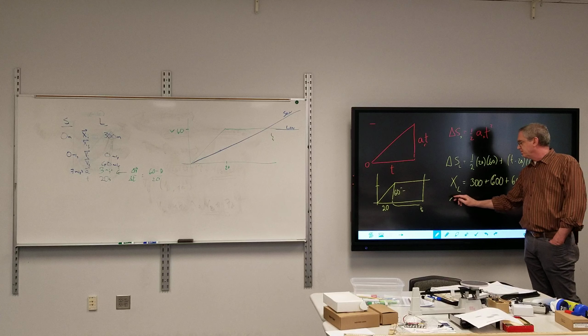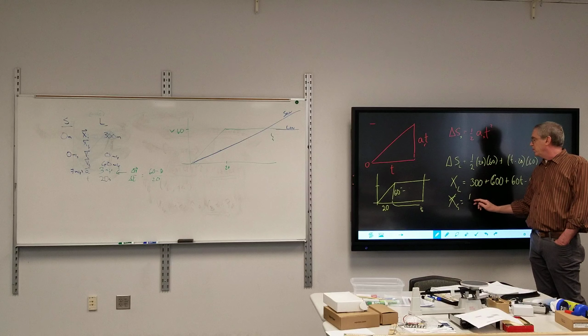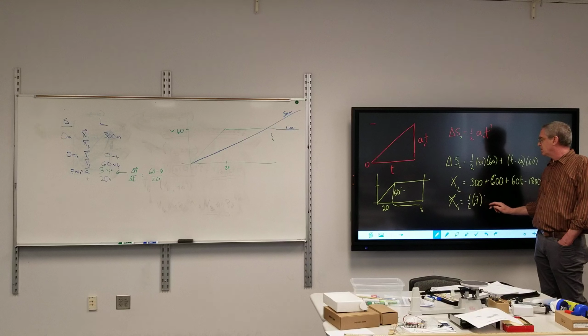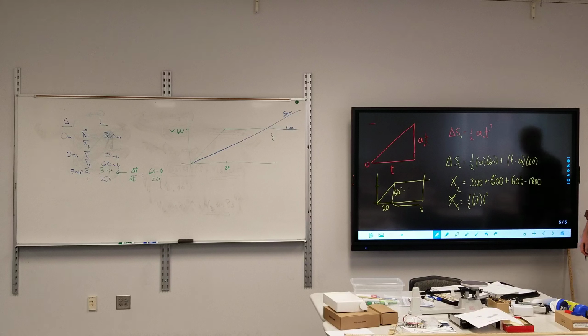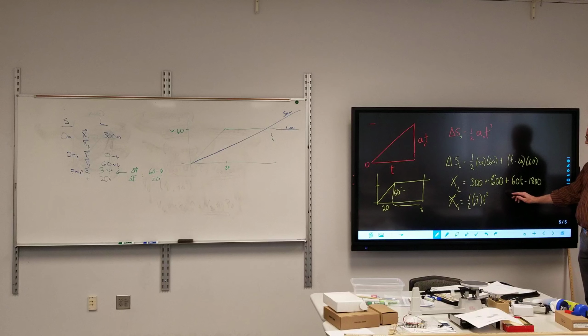And Sue's position is 1/2 times 7 times t squared. That's what I'm going to say equal to each other. So I have 60t minus 900 is equal to 3.5 t squared.